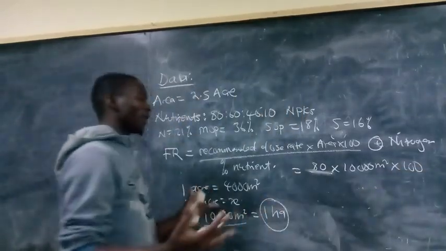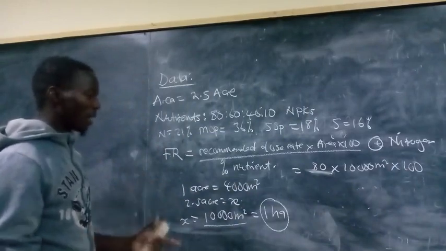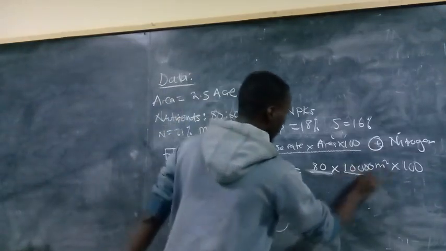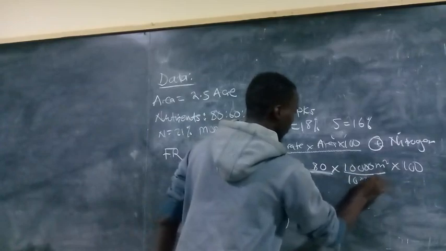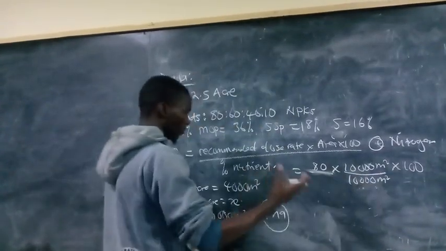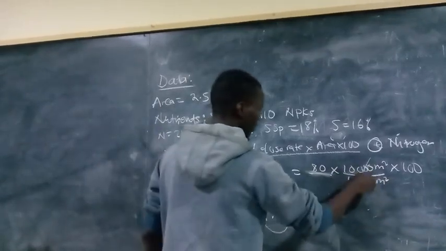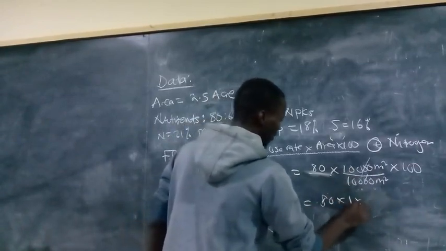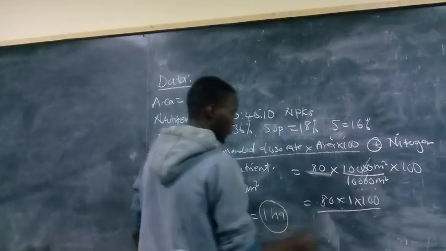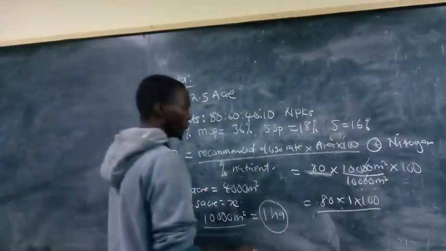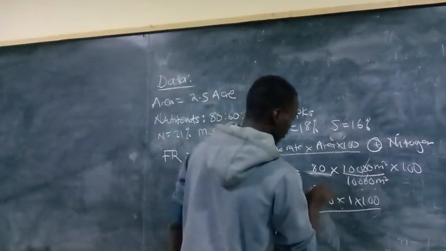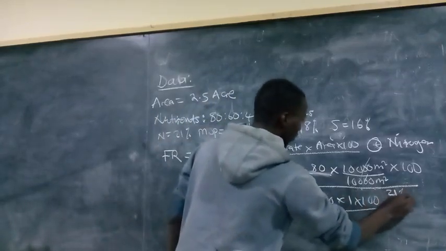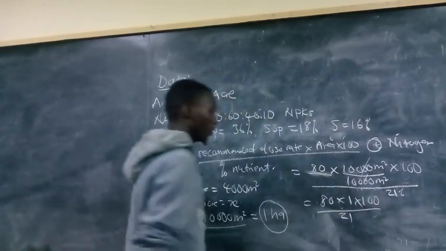Now, your final answer is supposed to be per hectare. So you may have to cancel this and this to get the 1. This is where the issue of saying times 1 times 100 comes about, because it's already converted. Now remember that nitrogen has a percentage of 21, so this will be over 21.